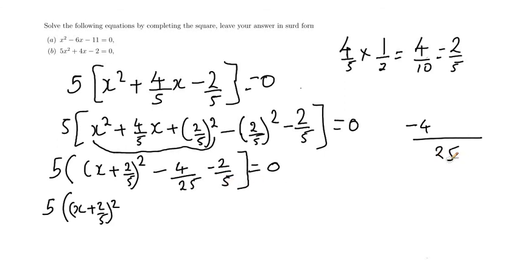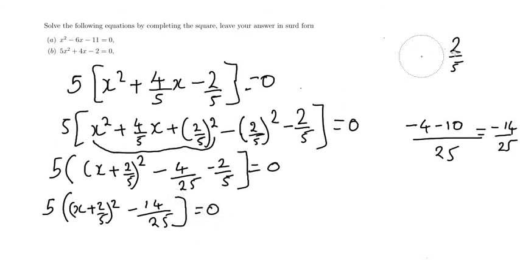And then 5 into 25, it's 5. 5 times negative 2, it's negative 10. So this means that we have negative 14 over 25. So negative 14 over 25 is equal to 0.